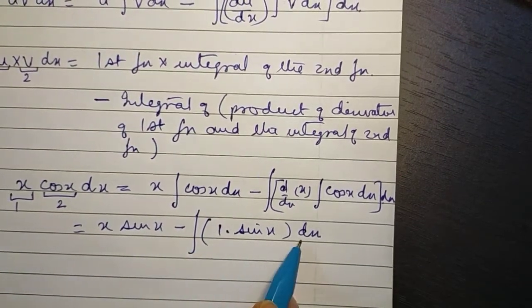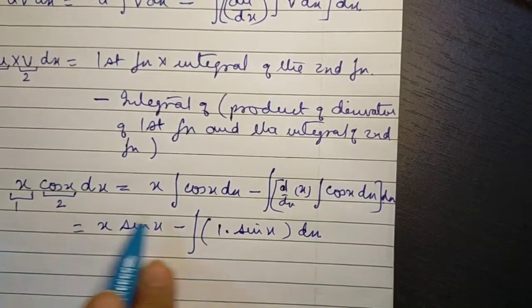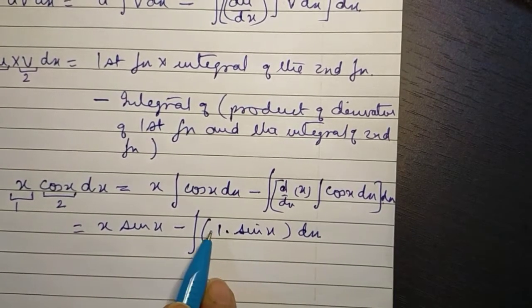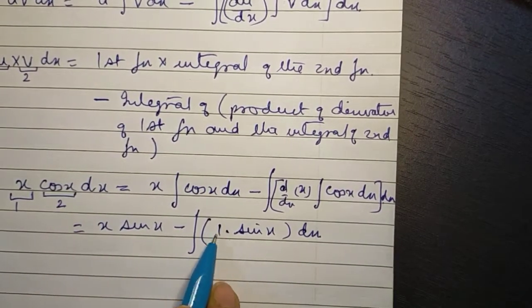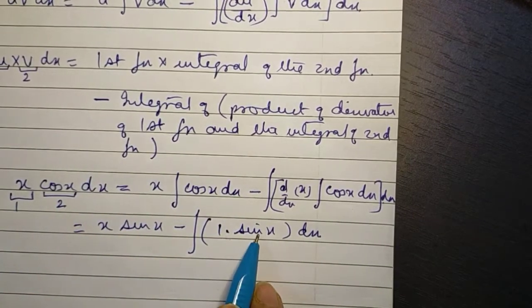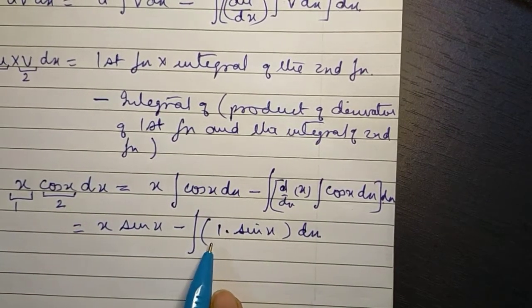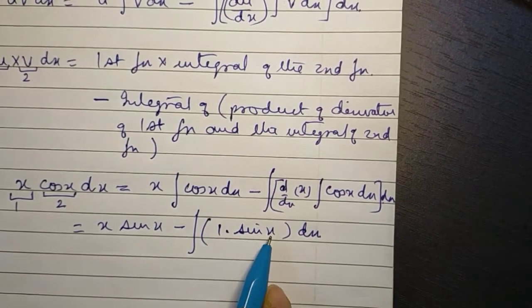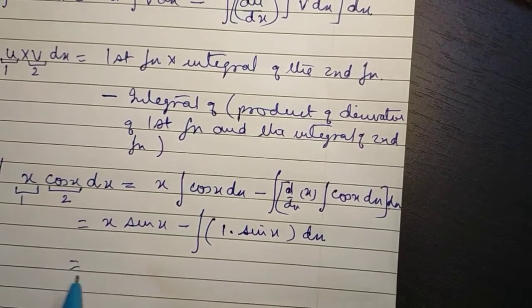Now what do we observe here? That we still have an integral left, but the function which was in product with the trigonometric function has vanished. And this is the use of integration by parts. We still have to find the integral, but only of a single trigonometric function whose integral we know.